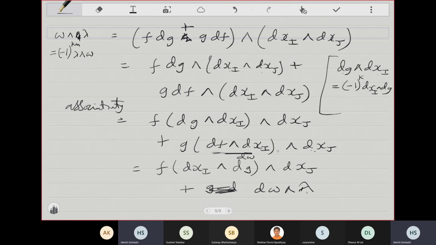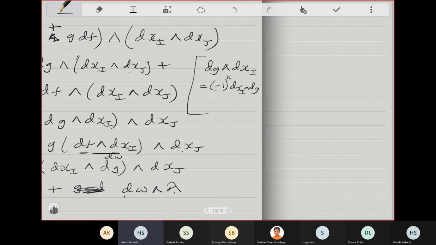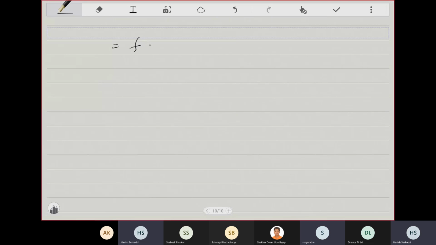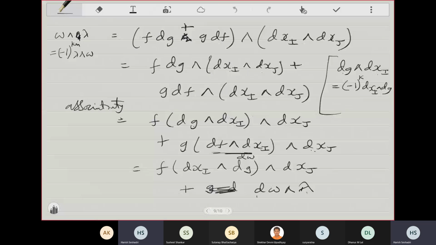So here I don't have to do much. I just write it like this. The first term, I'm still not done with it. f times the minus term, that I'm going to put now. So I should put minus 1 to the power k. I've already done that here.